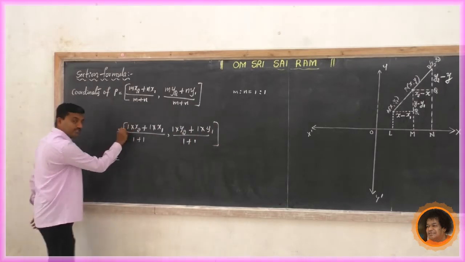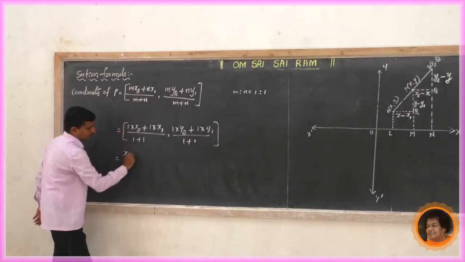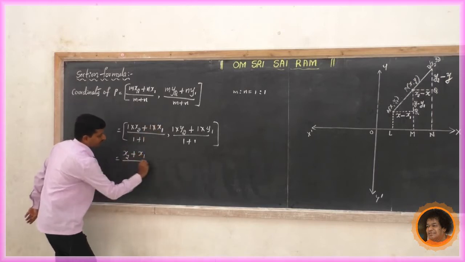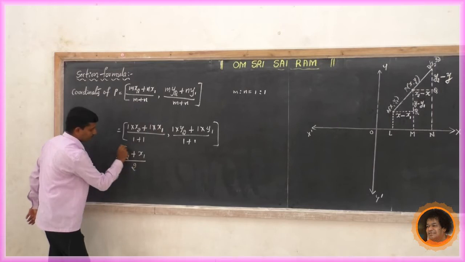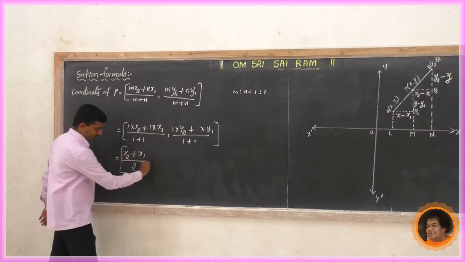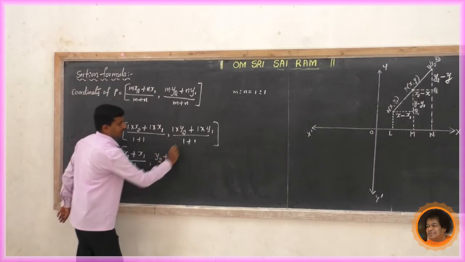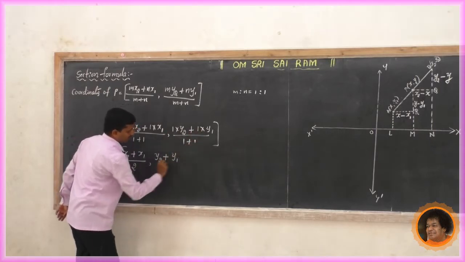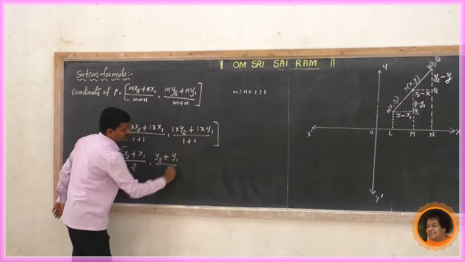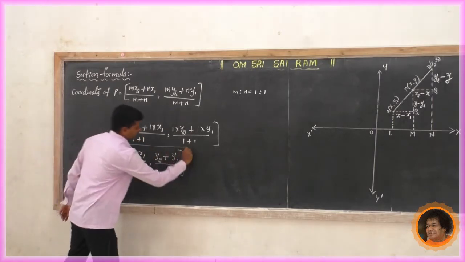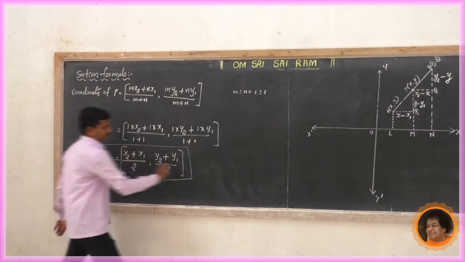So x2 into 1, that is x2, plus 1 into x1, divided by 1 plus 1, that is 2. x2 plus x1 over 2, comma, y2 plus y1 over 2. So this formula is known as the midpoint formula.